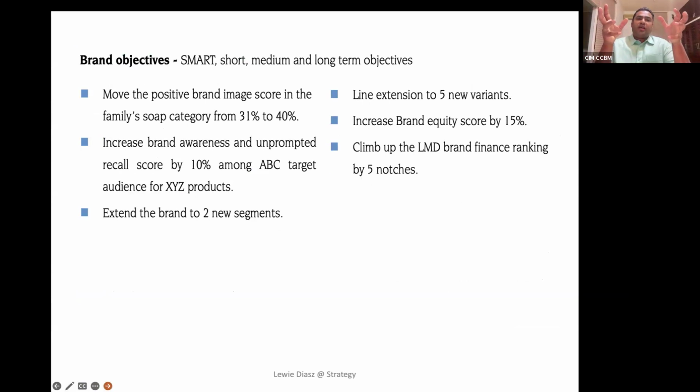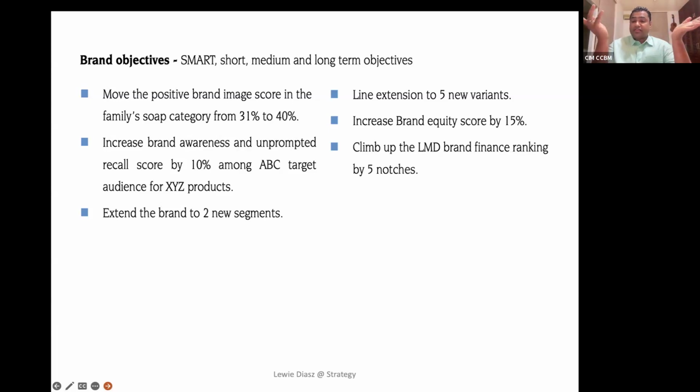And brands too have objectives. Now, if you take a company like Nestle, Nestle has so many product categories. Home care, personal care, cooking, like this. Even if you take Unilever, each category will have many brands.